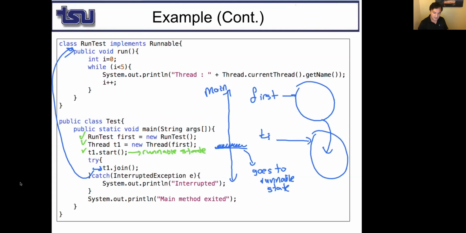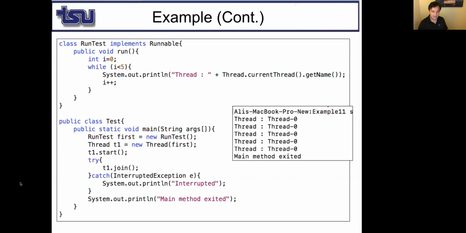Once T1 is done, the main thread will continue wherever it stopped. So in this case, we are going to see 5 times the name of the thread and then main method exit. So join is going to stop the currently running thread, which was the main thread, execute itself, and then let the program continue wherever it was before.